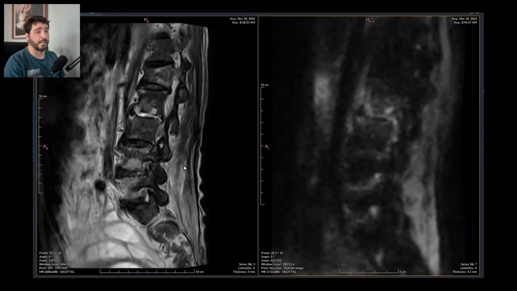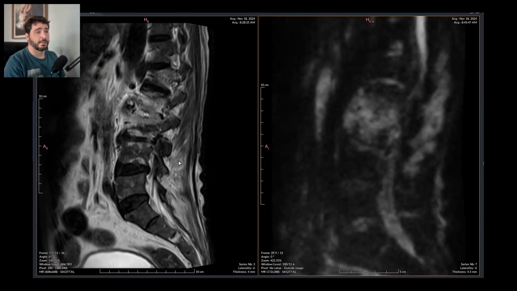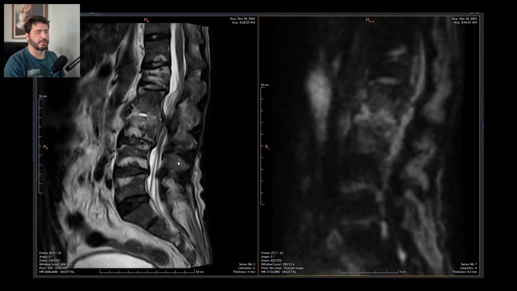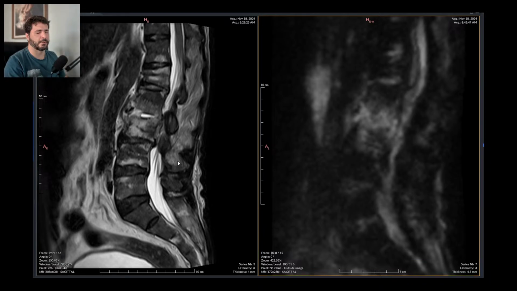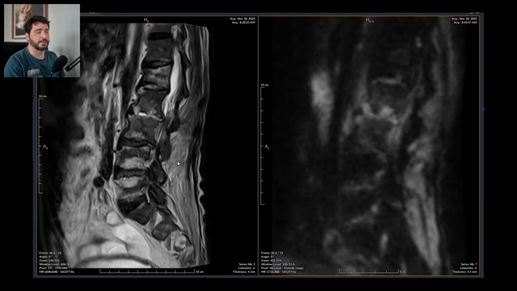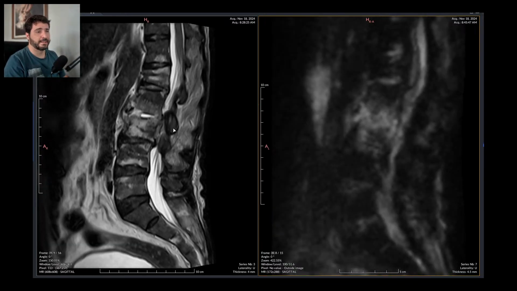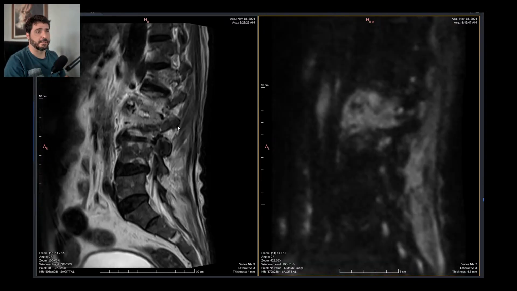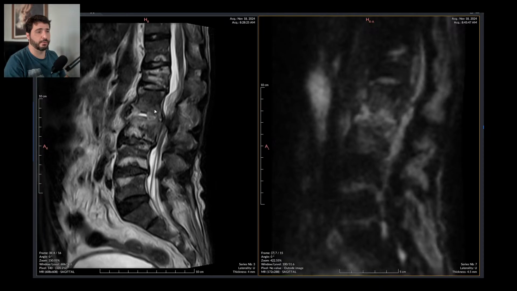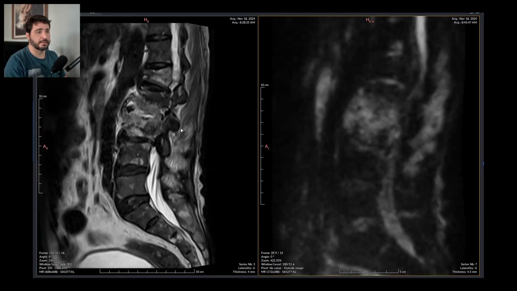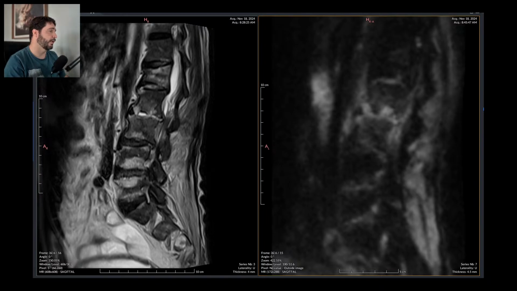This patient has cancer, advanced cancer, and also has chronic kidney disease. So this is spondylodiscitis. It's an infection of the bone and the intervertebral disc on L2 and L3.